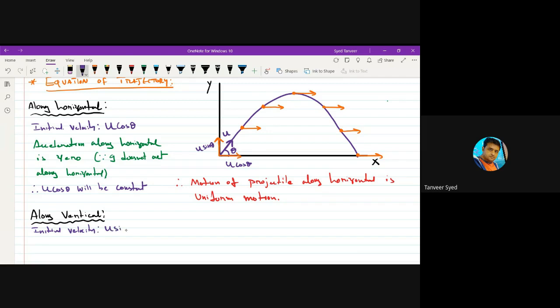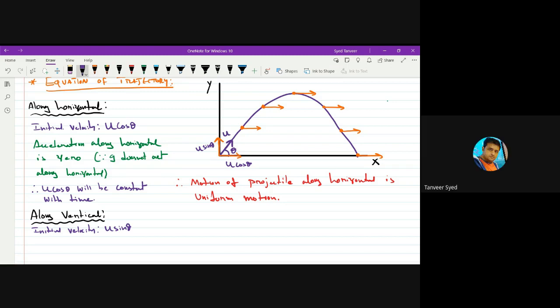Now, will this U sine theta remain constant, or change with respect to time?